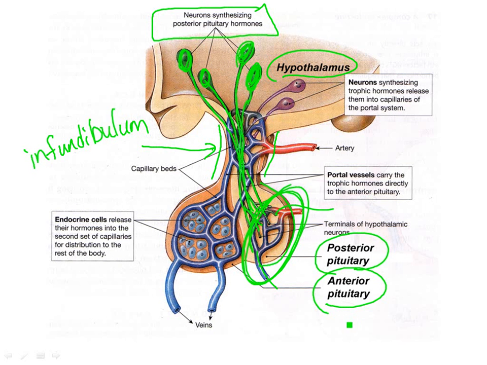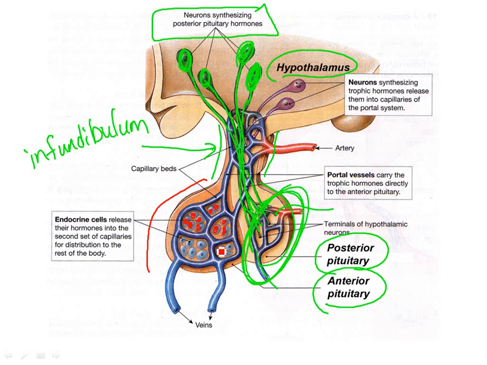So now let's change colors, and we'll go with red. Now the anterior pituitary, okay, so this is our anterior pituitary over here, makes and secretes its own hormones. A little bit different there, okay? So these epithelial cells in here are going to make and secrete hormones.